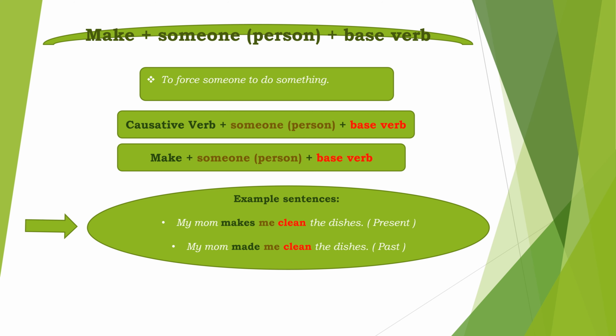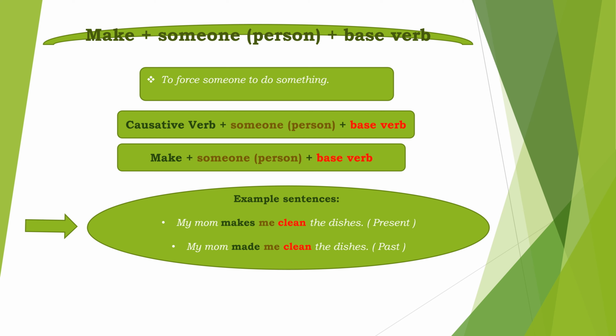My mom makes me clean the dishes. That means I am not willing to clean the dishes. So my mom has to force me. So my mom made me. But if we are using a present tense in a first sentence, we use makes.